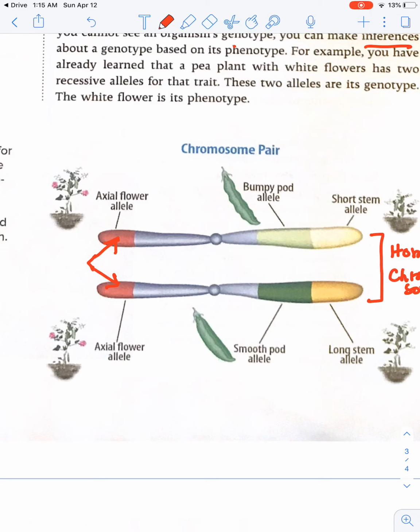Now they may be coding for the same allele, or they may not. Here they're the same because it's axial flower, but here the bumpy pod and the smooth pod are at the same place on these homologous chromosomes. They're both coding for the pod type, but one's coding for bumpy and one's coding for smooth. So these are two different alleles of the same trait.